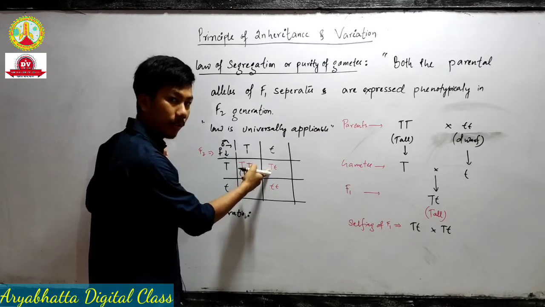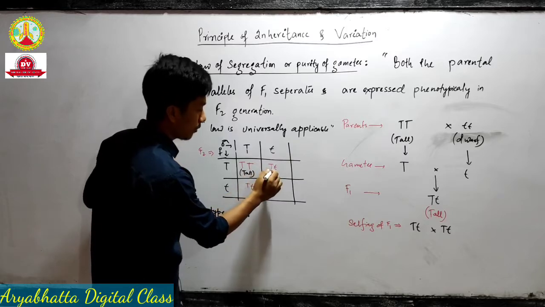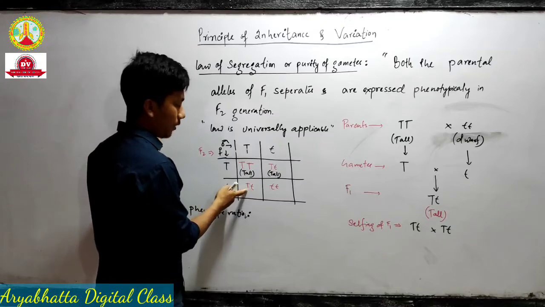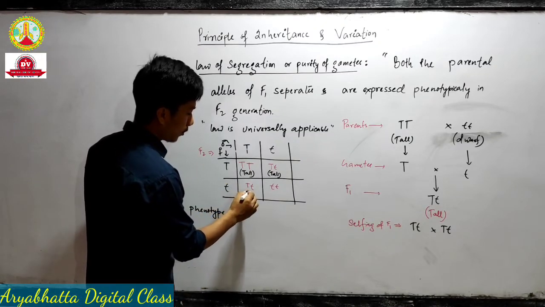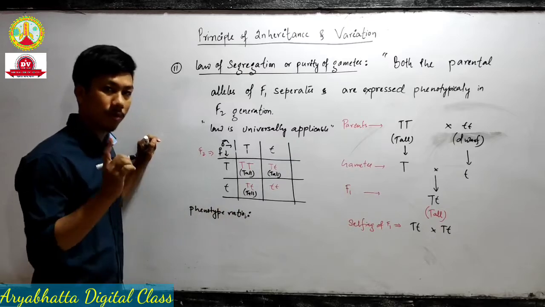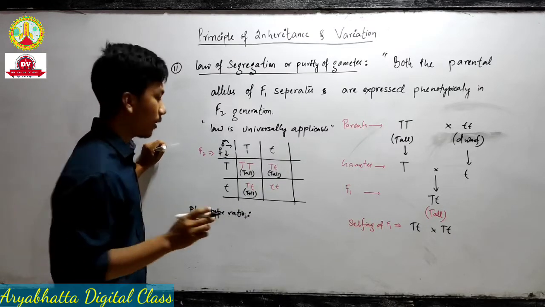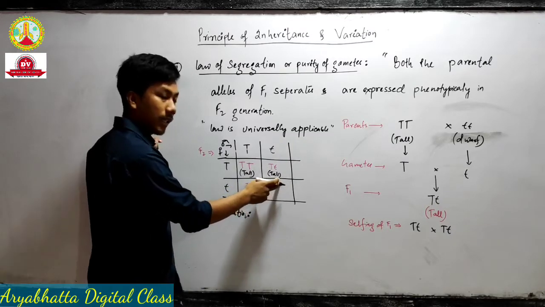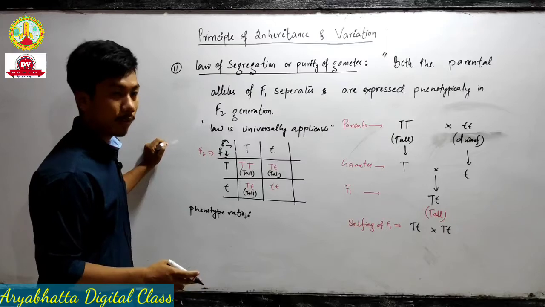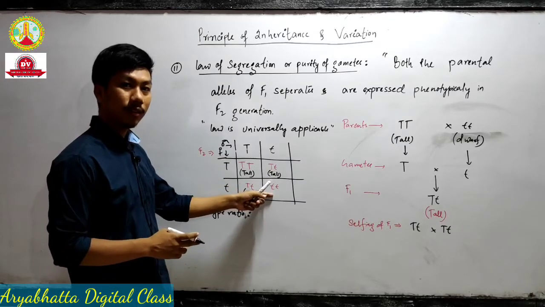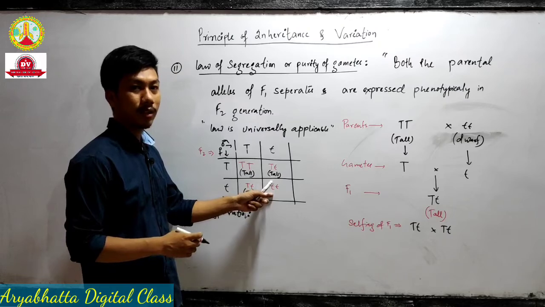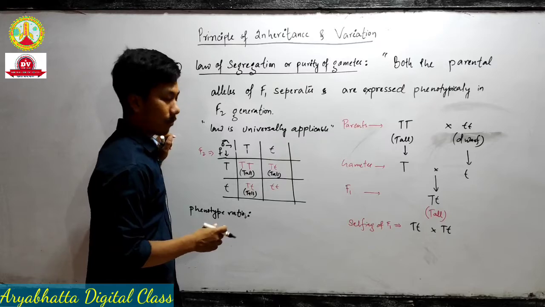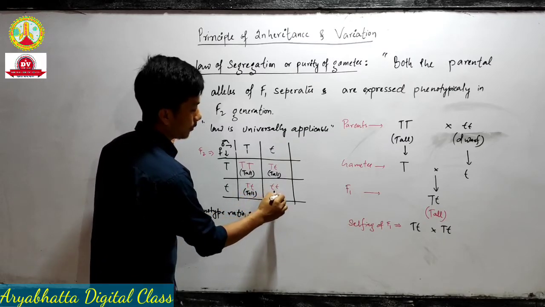Again here, capital T is dominant, so that will be tall. Here again it is dominant, so it will be tall. Dominant character always shows visible effect according to Mendel's law of dominance, right? So capital T, capital T, capital T. Is there any dominant character here? No, there is no dominant character here. How can we understand this? By seeing the letters, whether it is a capital letter or small letter. These two, small t, are recessive, so that one will be our dwarf.